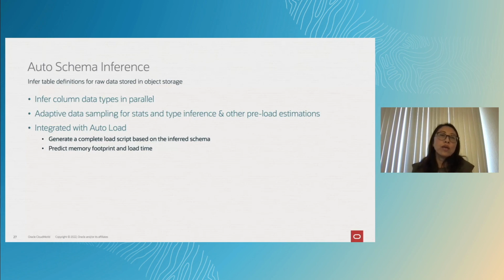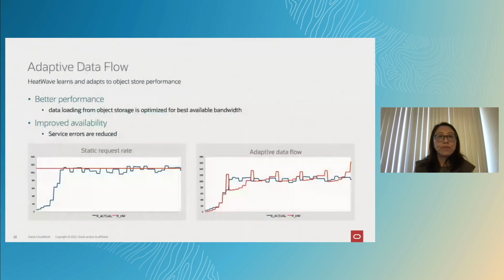We are able to do this inference really quickly because we run the inference in parallel. And also we integrate with auto load so that in one go, when you try to load the data, we'll provide you the schema prediction, and also you can get the load scripts to load the data into HeatWave.